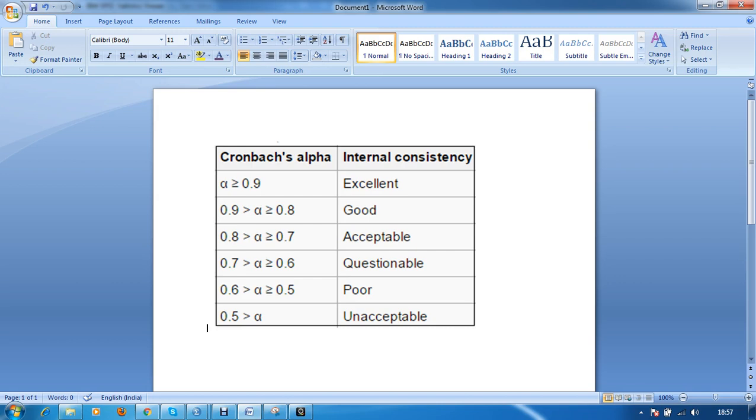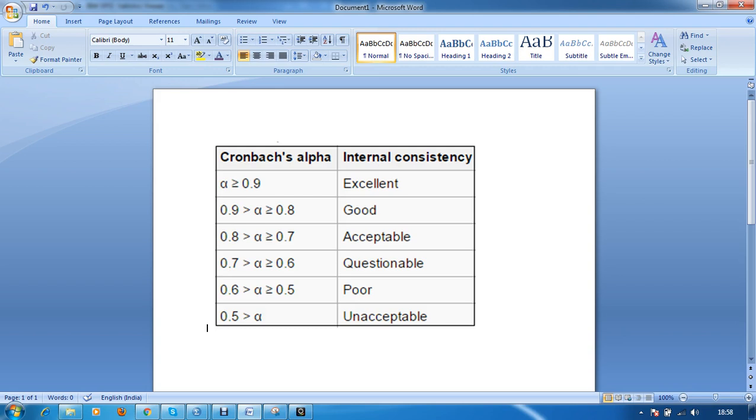Whereas if I have an alpha score lying between 0.6 and 0.5, then the data set should be considered very poor. Either I need to change my questions or check whether the respondents have been able to answer the questions properly.